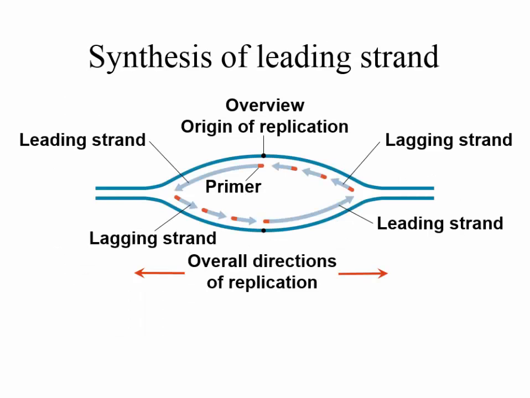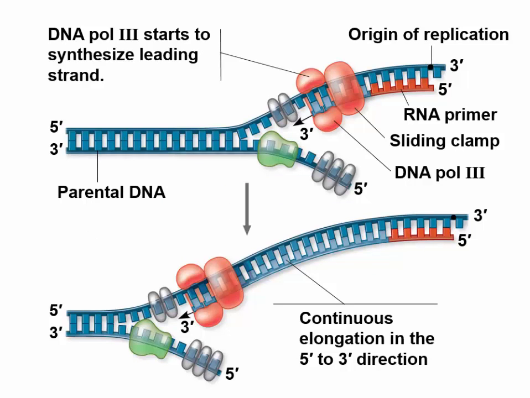And here's a picture of that, a leading strand and a lagging strand. These are two strands of DNA, and each one has a leading and a lagging strand, the origin of replication, and the overall directions of replication. DNA polymerase is starting to synthesize a leading strand here.